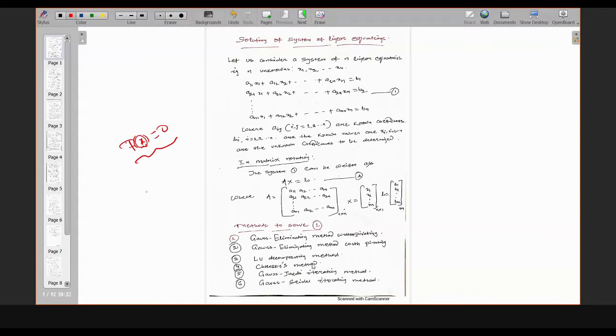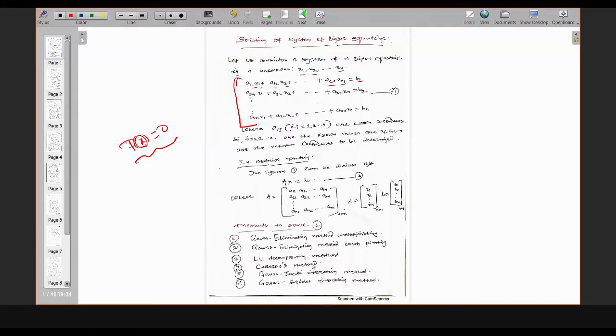Now we can proceed to find the solutions of a system of linear equations. So this is your next chapter, the second chapter of your syllabus. Let's say you have a system of n equations in n unknowns, that is x1, x2, up to xn, in these forms. You already know these, the systems of linear equations you have studied from matrix theory or linear algebra. So a11 x1 plus a12 x2 up to a1n xn equals b1.